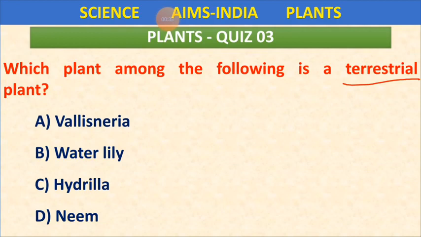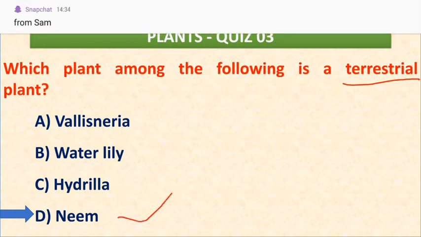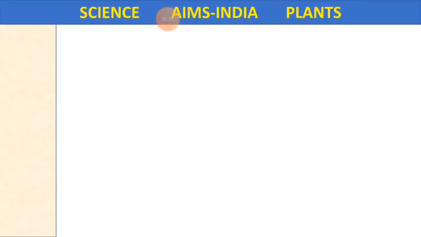So which plant grows on the land surface? Any guesses children? We have taken this example. Yes, it is neem. Neem plant. This is our right answer. It grows on the land surface. Clear? Okay. Now we'll go to the next one again.